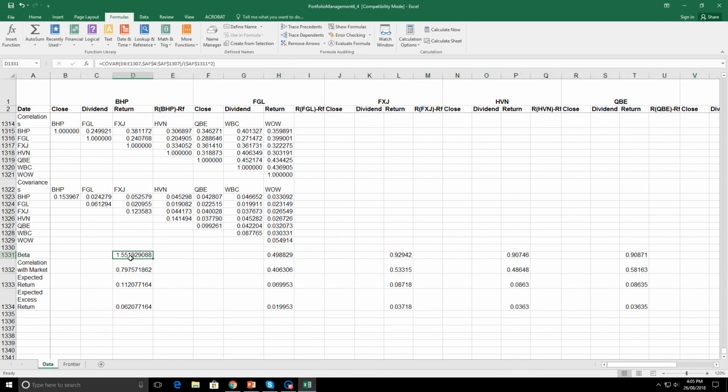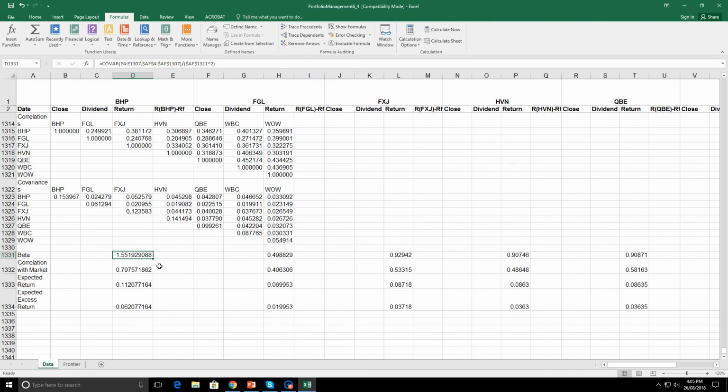Here I have calculated the beta using a different function, which is basically COVAR, and this is the excess return from the individual stock, and this is the excess return from the market, divided by the variance of the excess return from the market. So this is beta.